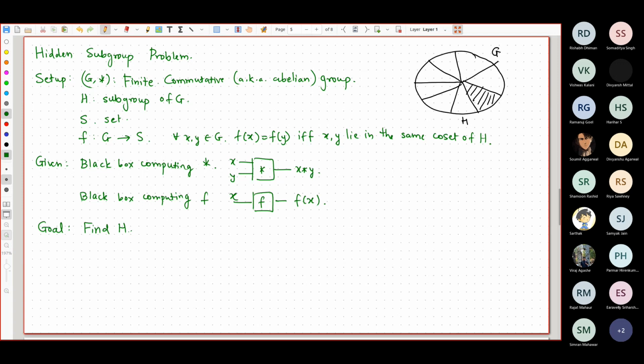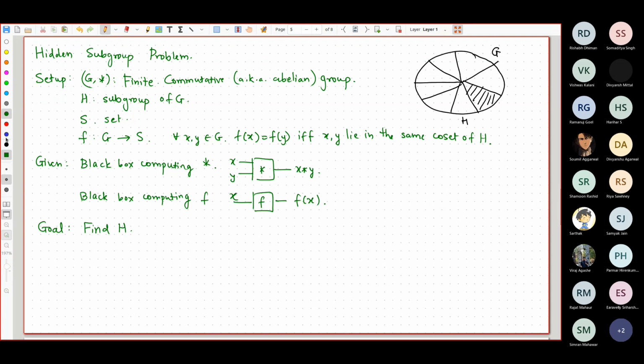Okay. So does somebody want to suggest a trivial way of doing it? A very basic way, the first thing that you will try? Compute f for all elements in G. Okay. And then group them up on the basis of the output. The one which contains the identity will work. Nice. Right. Very good.